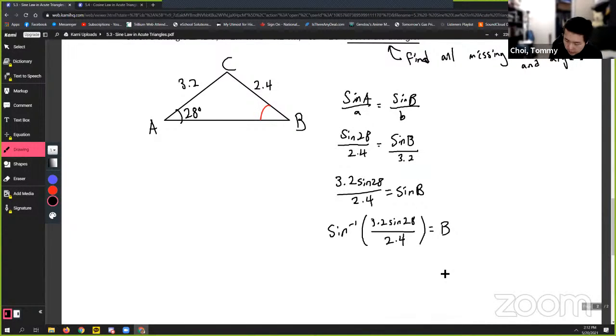And I get angle B is 38.8 degrees, rounded to the first decimal place. Okay, so 38.8 degrees to the first decimal place.